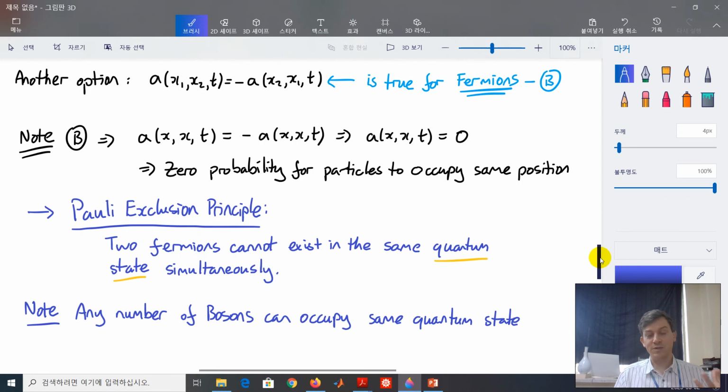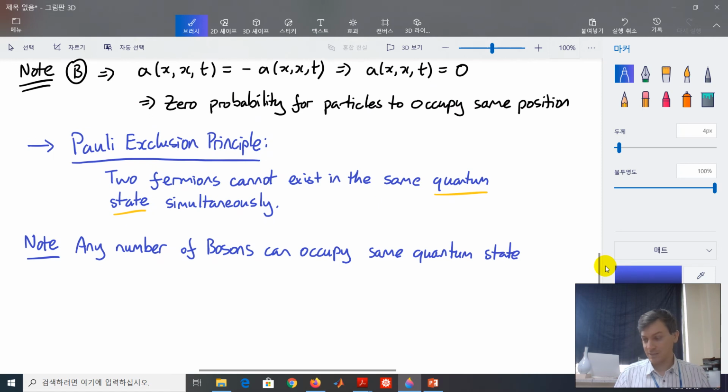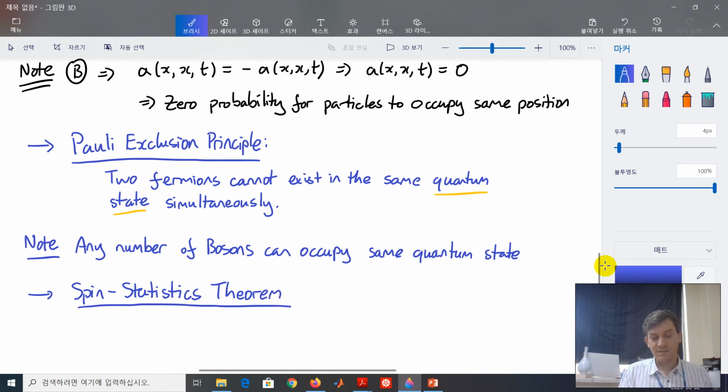Finally, there's a relationship between this boson and fermion nature and the spin of the particles, which is stated in the spin statistics theorem, which was also proved by Pauli. It says that if the spin is an integer, in other words s is 0 or 1 or 2 and so on, then the particle must be a boson.